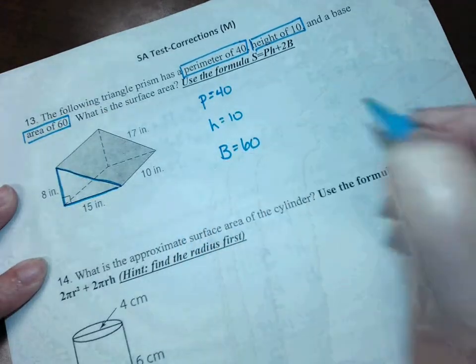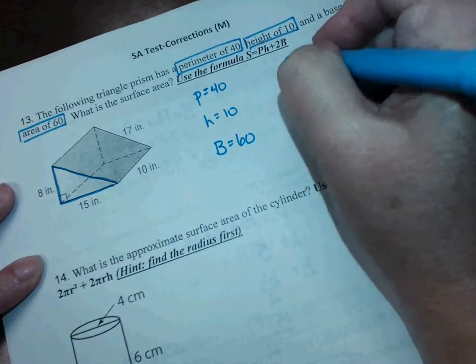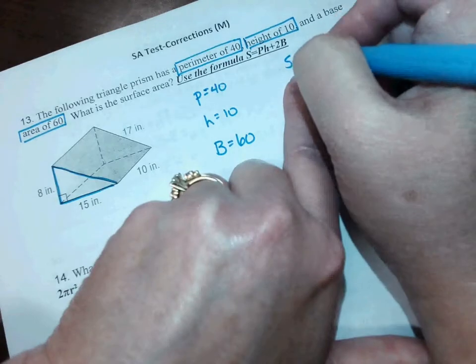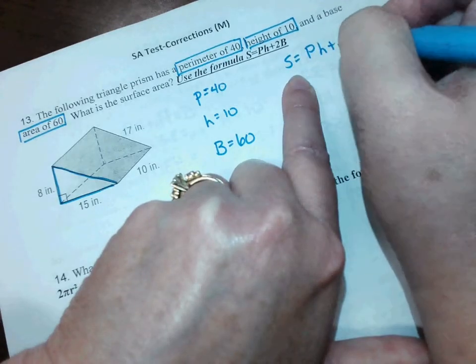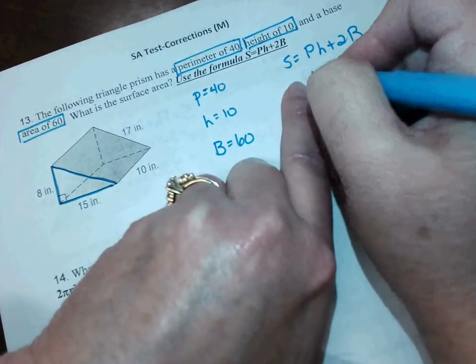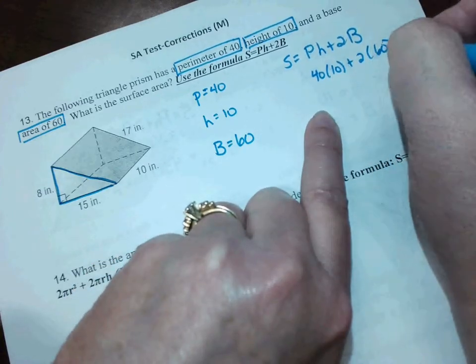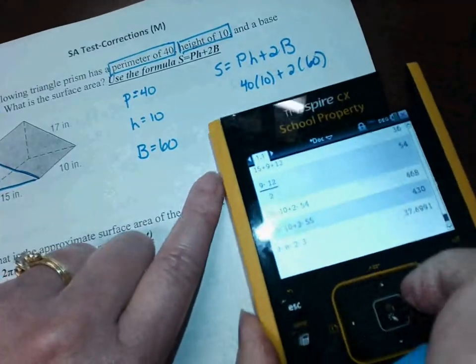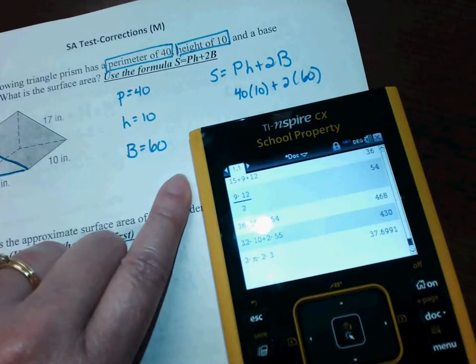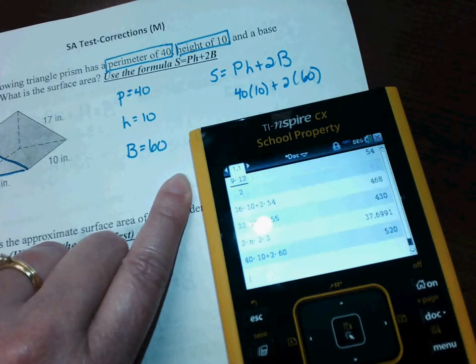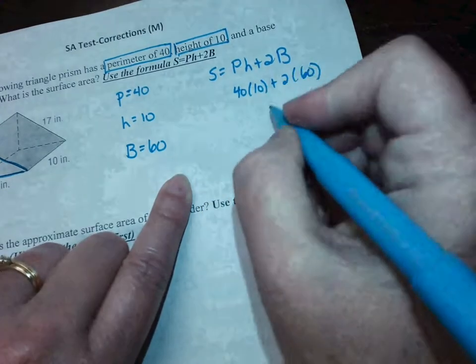They already did all the work for me. All I have to do is fill this in. 40 times 10 plus 2 times 60. I didn't have to go find anything. They told me what it was. 40 times 10 plus 2 times 60. 520.